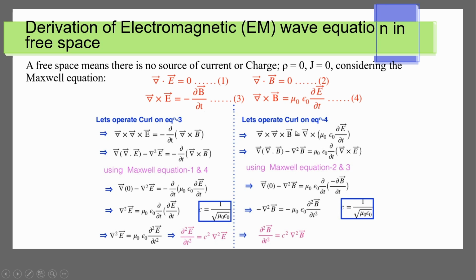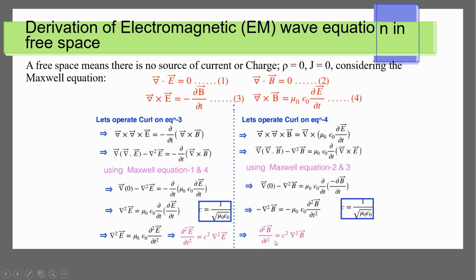Here we can express this LHS term as this, and as we solve for the curl of this displacement current term, we can simplify this to become this term over here, and we can replace the curl of the electric field with the negative change in magnetic field over time from Faraday's law, and simplify this equation to this term right here.